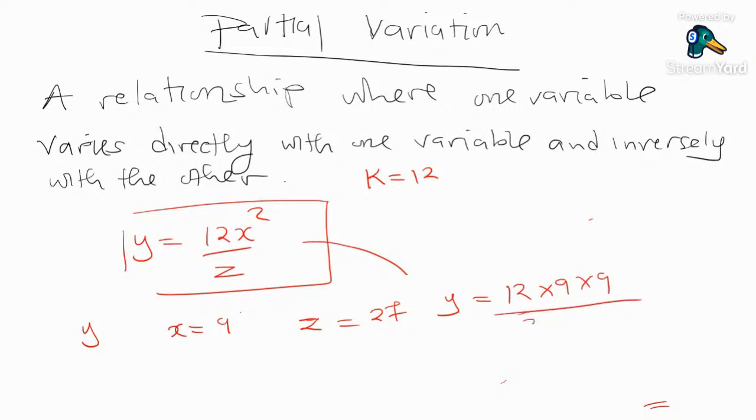We can write 27 as 3 multiplied by 9. So that this and that cancels. Then we have 3 into 12, which is 4. y therefore is equals to 4 times 9, which is 36.